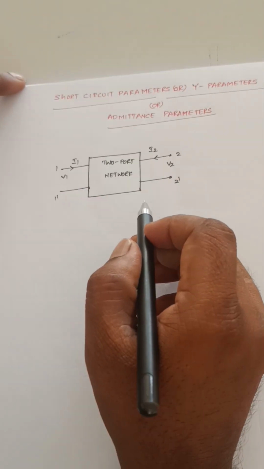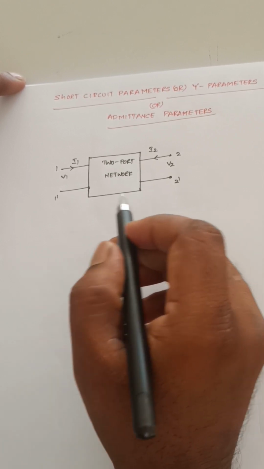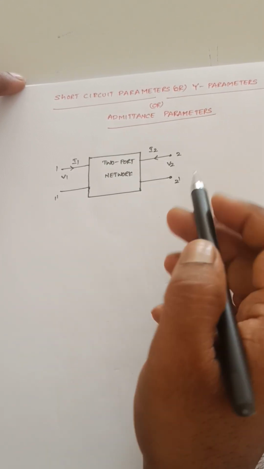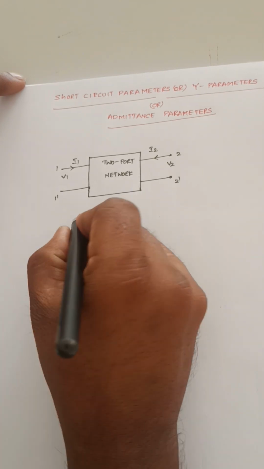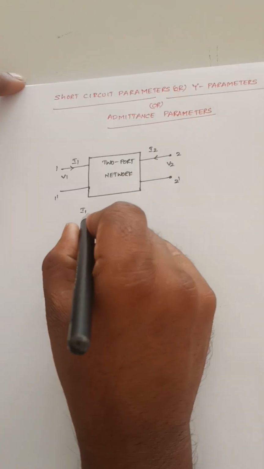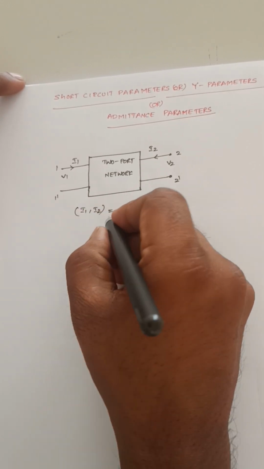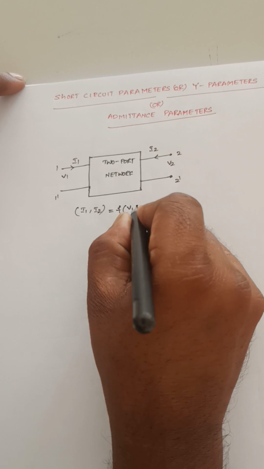Among these 4 variables, 2 variables can be expressed in terms of the other 2 variables. So, in these short circuit parameters, I1 and I2 can be expressed in terms of V1 and V2.